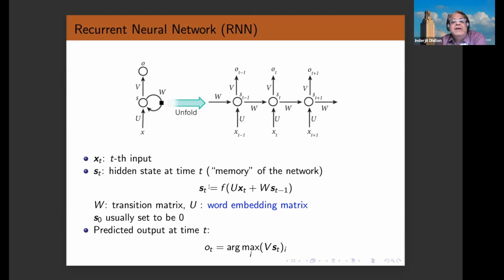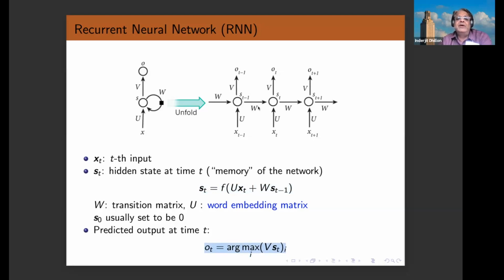Given the word at this position, U, that goes through a word embedding matrix, so you get the word embedding over here. Then you have the previous state and a transition matrix, and the evolution of the states is given by this, where F is some nonlinear function. And at every step, you have the choice of having an output.